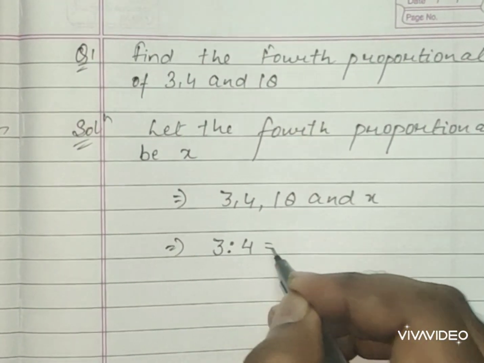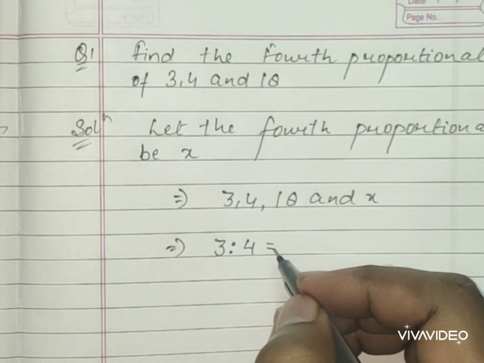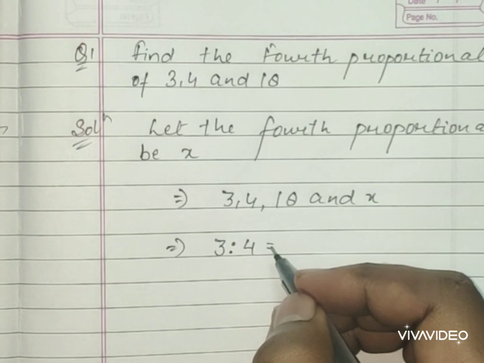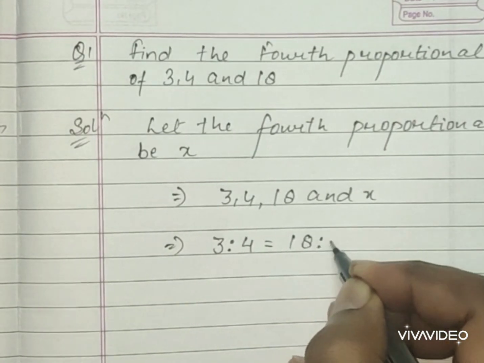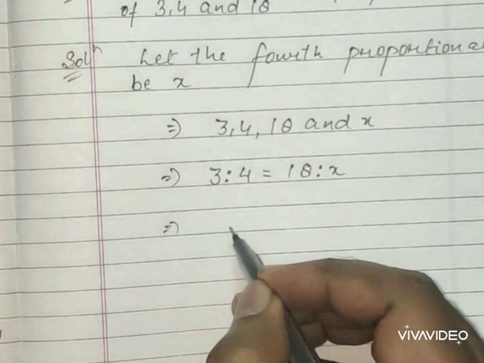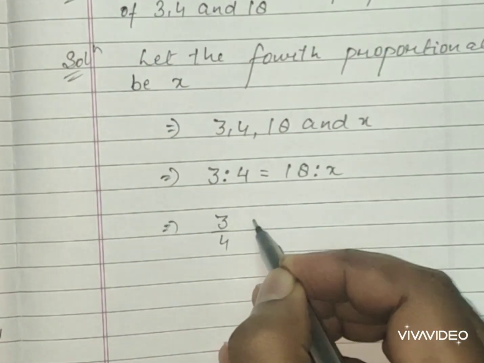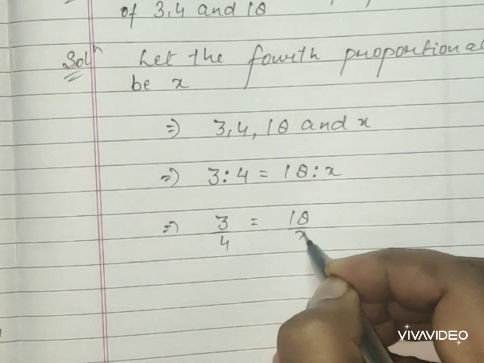3:4 equals to 18:x. See students, we can represent the proportion sign with equals to also, or with double colon also. Clear? It can be written like this also: 3/4, as you know, ratio means dividing, and 18/x.